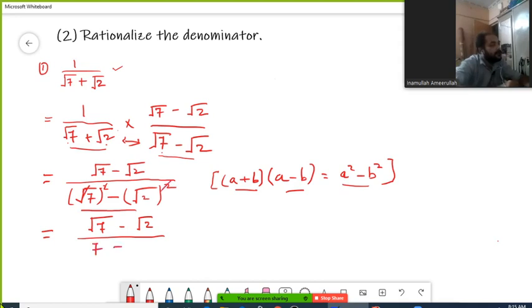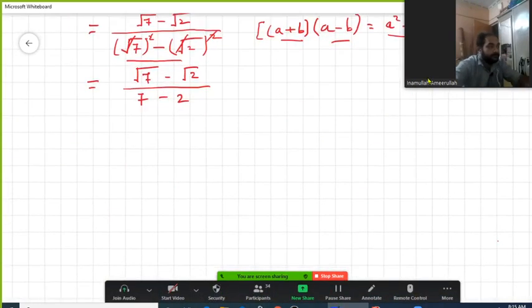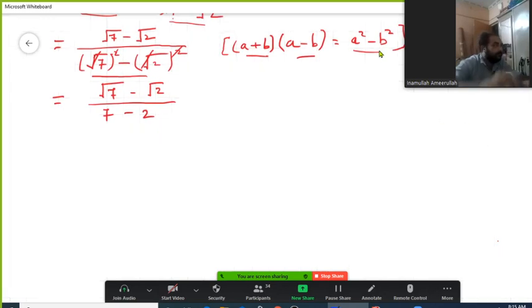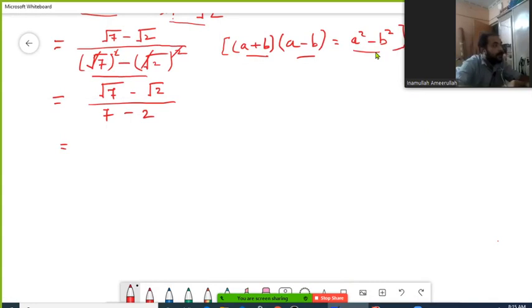If you square root 2, it will give you 2. So 7 minus 2, that is 5. And this is my final answer: root 7 minus root 2 upon 5. Hope it is clear to everybody.